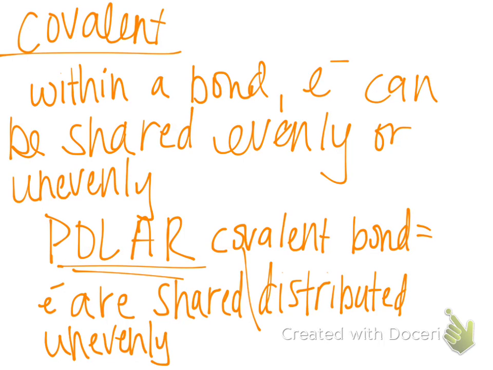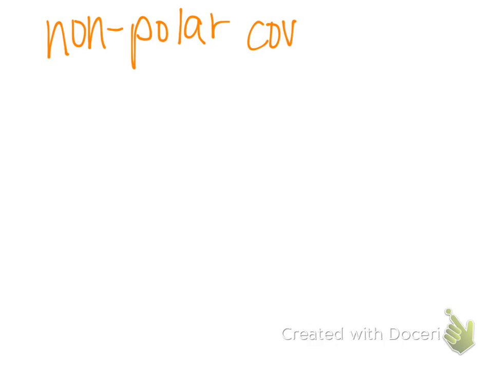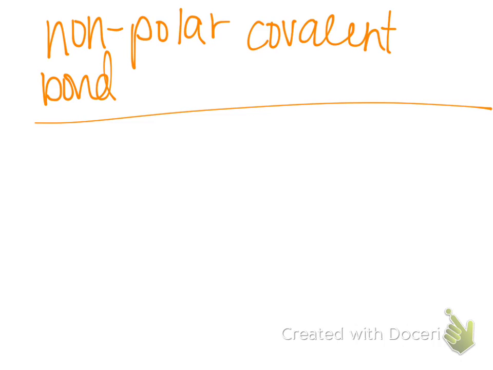Opposite of that, we have something called a nonpolar bond. Okay, so what do you think might happen here? The electrons are in the middle, good, or electrons are shared or distributed evenly.